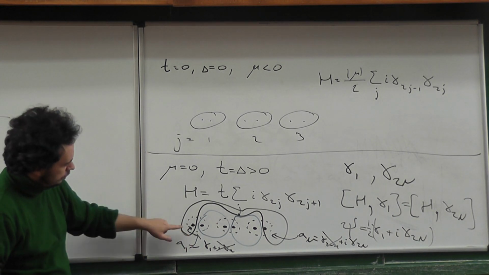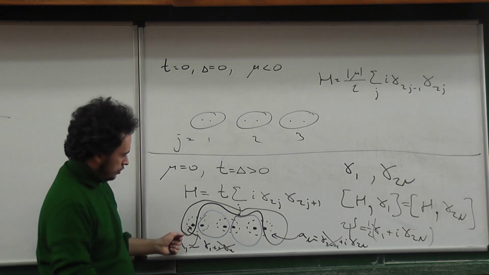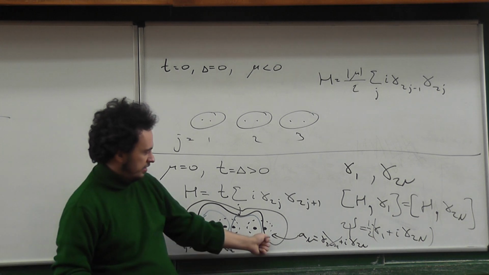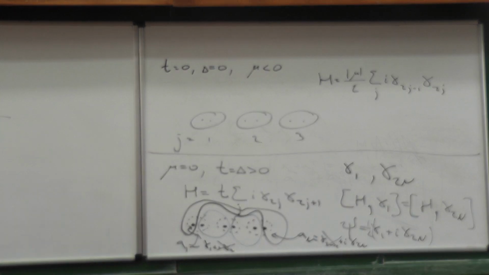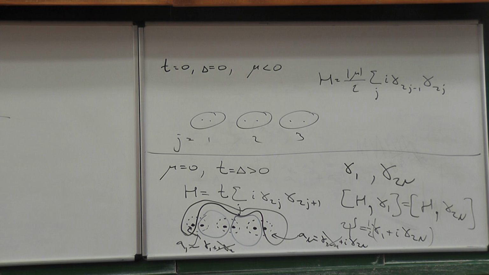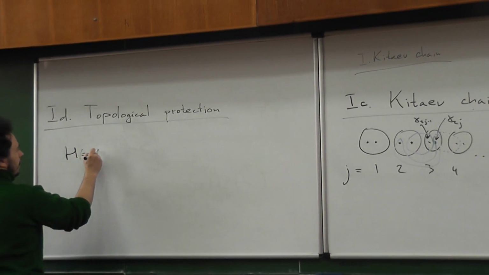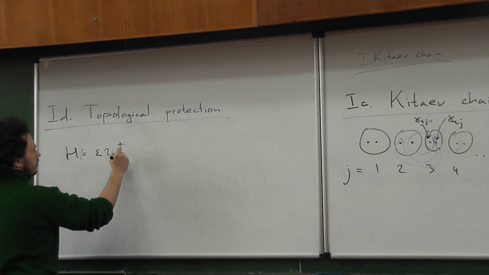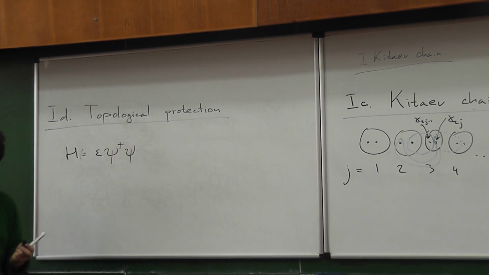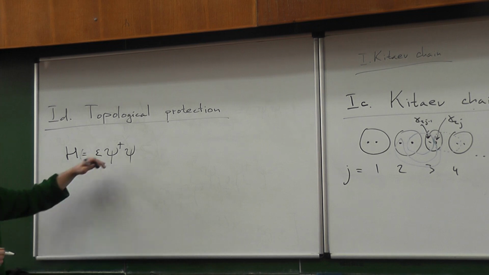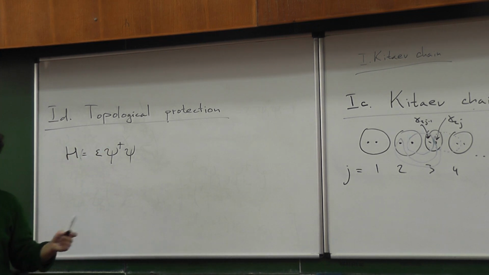Well, to split the degeneracy, the perturbation has to act on gamma 1 and gamma 2n amplitudes. What can be the degeneracy-splitting Hamiltonian? It can be something like epsilon psi dagger psi. It tells me that if my fermion is occupied, it has energy epsilon, and if it's empty, it has energy 0.